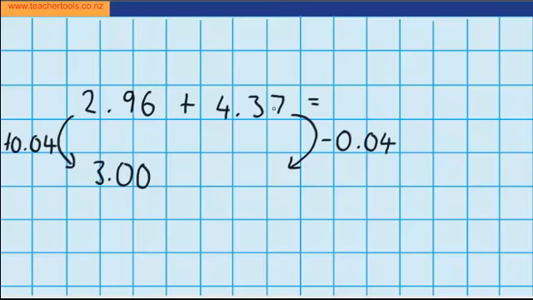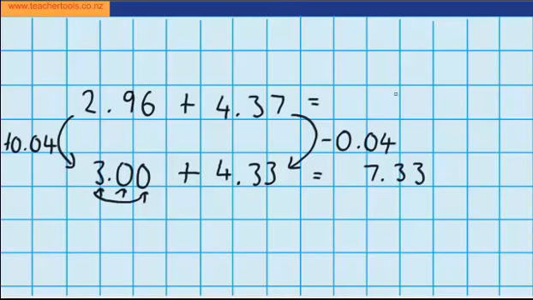And 4.37 minus 0.04 is 4.33. And now I'm just going to add those numbers together. You can see that I've made this question easier to answer because I've created a number over here which has got no hundredths in it and no tenths. All it's got is whole numbers. So 3 plus 4.33 equals 7.33.